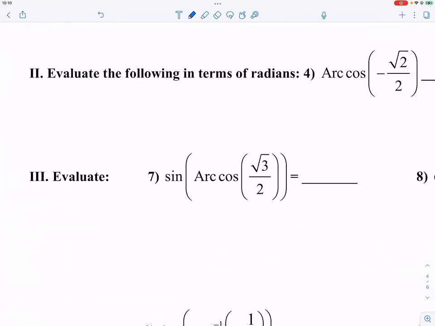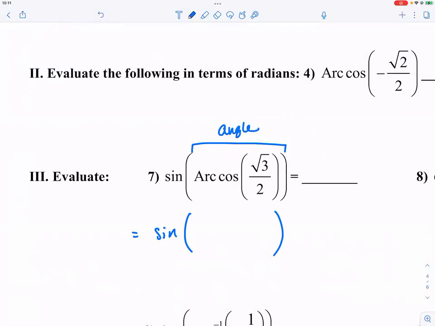Now for part 3. Now what's going on with this? Well, it is sine of an angle. So you're trying to find out what the angle is so that you can get a ratio at the end. Well, arc sine of √3/2. What is arc sine of √3/2?